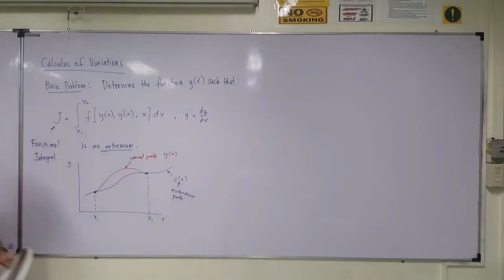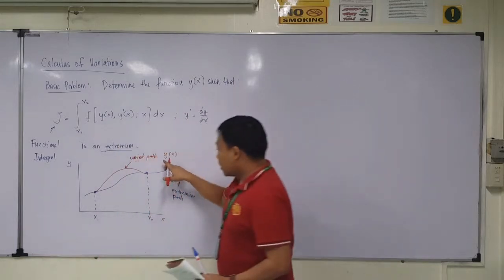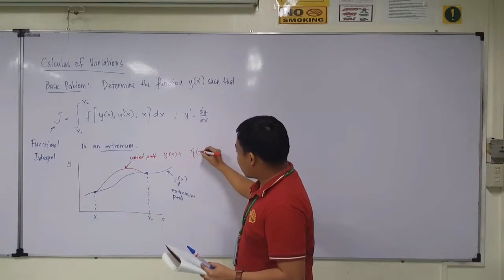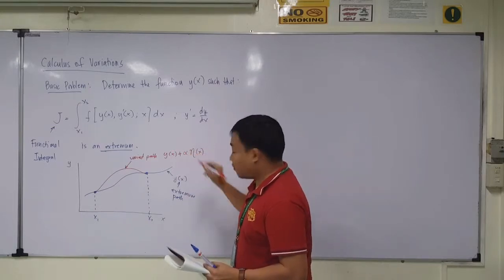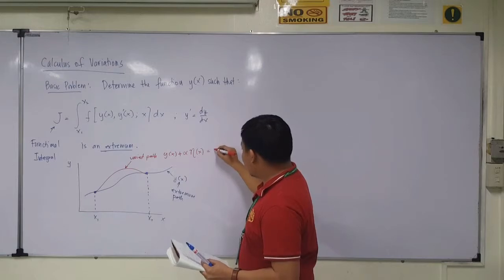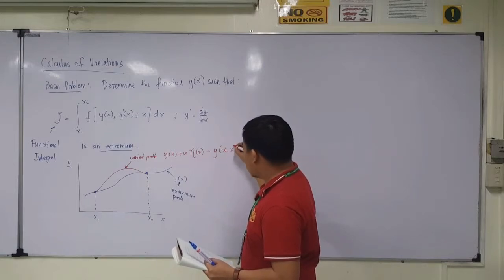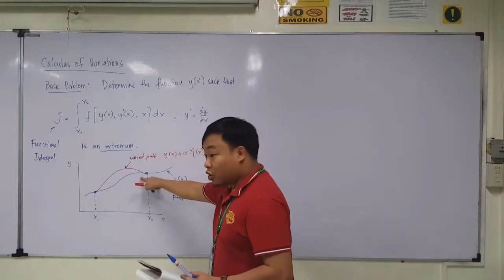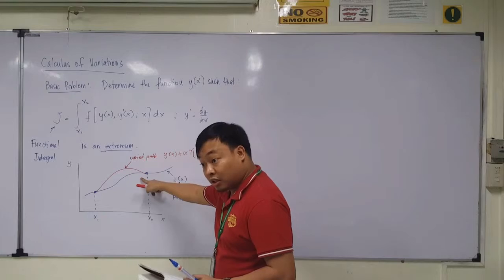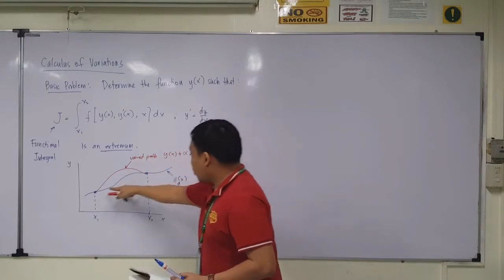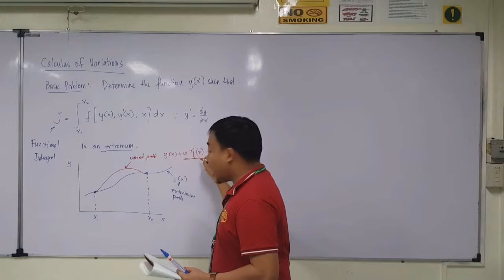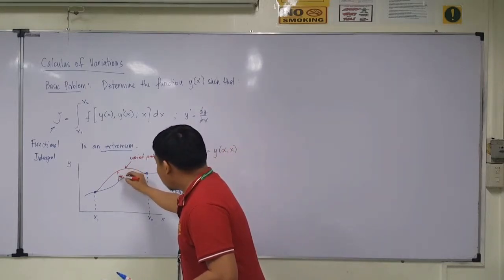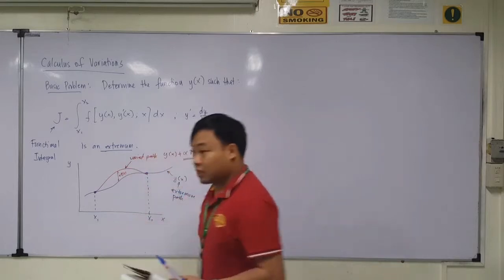The varied path is y plus some function nu, which is a function of x, times alpha. This is our y as a function of alpha and x. If this is your extremum value, this is what we want to get, and then we vary that by this amount, alpha nu as a function of x.